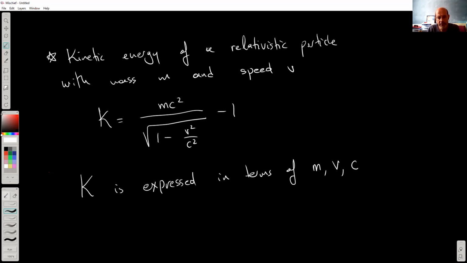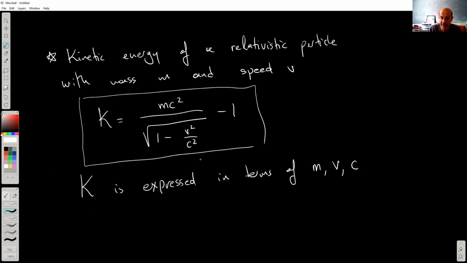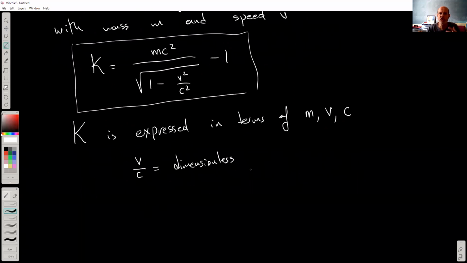All right? So in any case, this is the correct formula in here, but you can check that this is actually dimensionally correct. So the first thing that we notice is that the V over C ratio is dimensionless. If I have some kind of a dimensionless quantity, then I can evaluate any kind of a function of it.